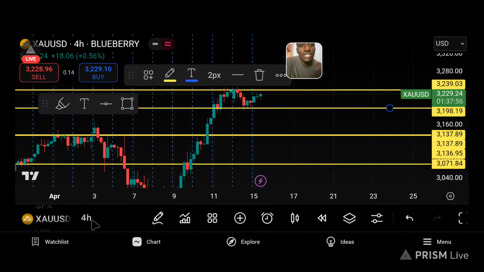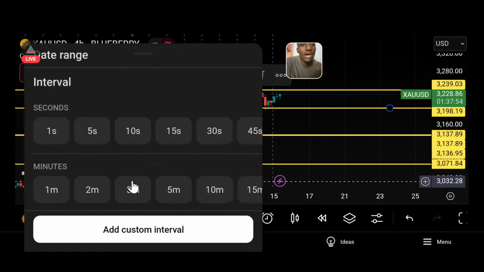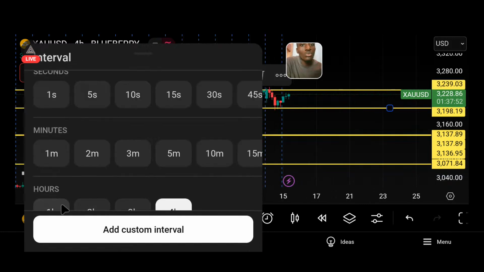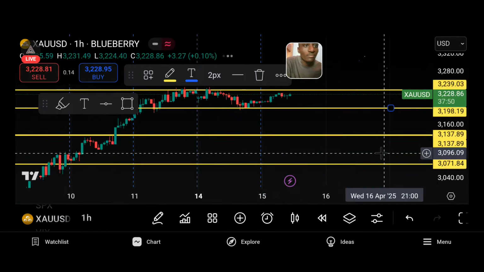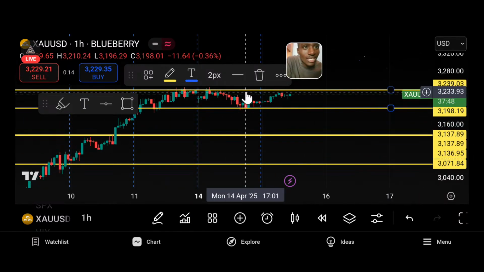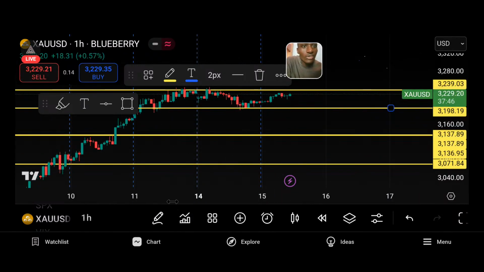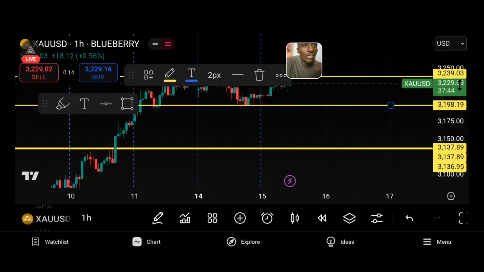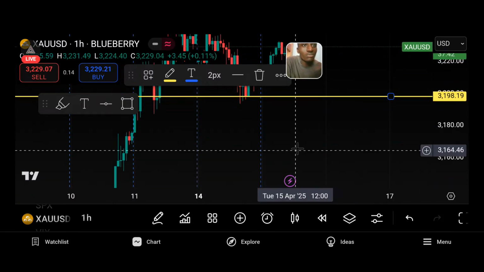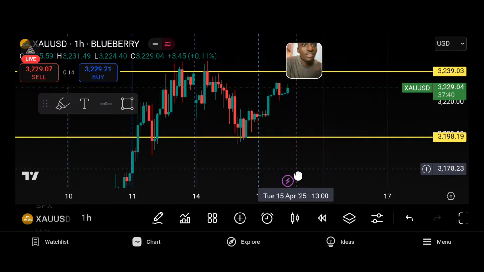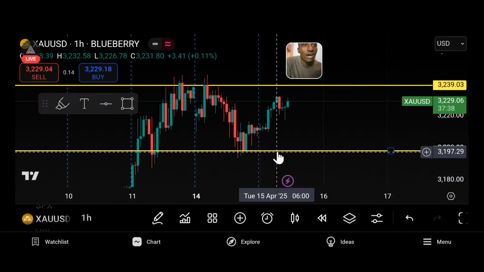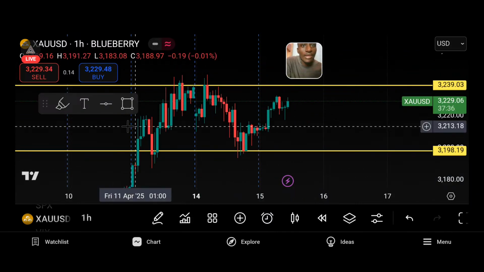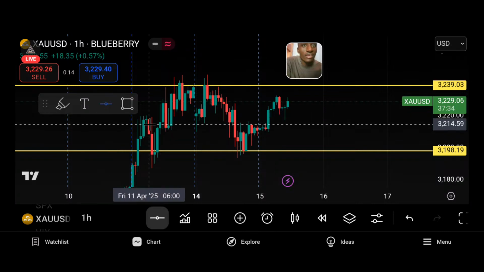So let's go down to the 1 hour time frame and see maybe we can get more clues of what's going to happen, right? So like I said, it's still the same range. Let me go right there and adjust this. Right, this is perfect. And let me go ahead and put another resistance here.